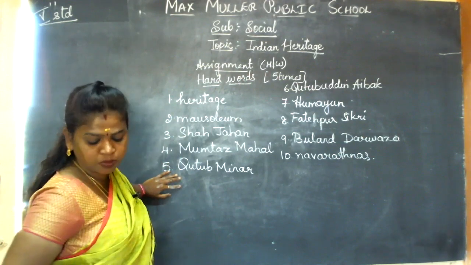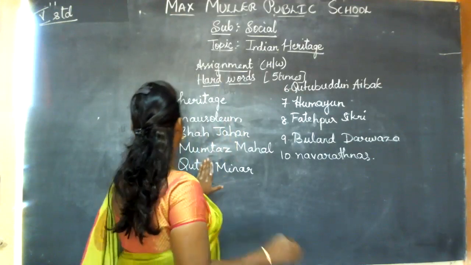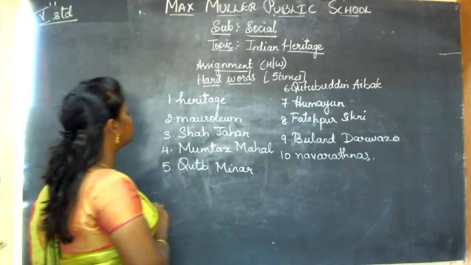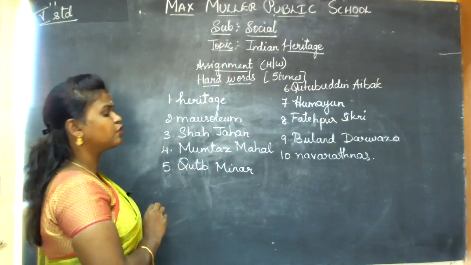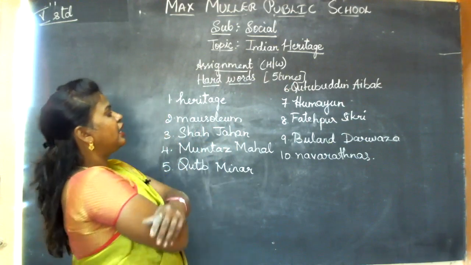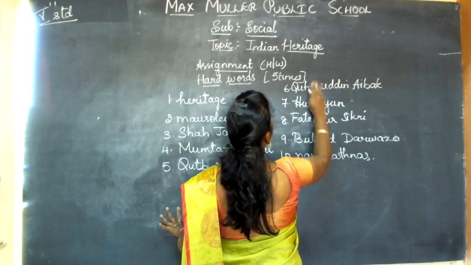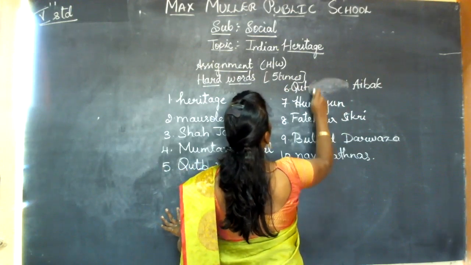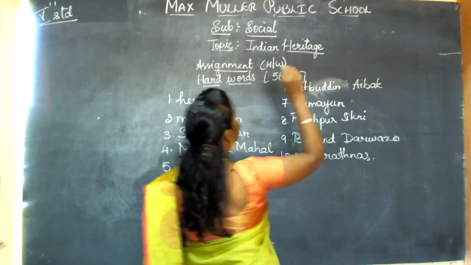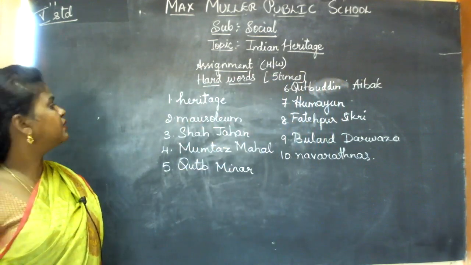Qutub Minar. Qutub Minar spelling is Q-U-T-U-B, Minar. Next one, Qutubuddin Aibak, Aibak.